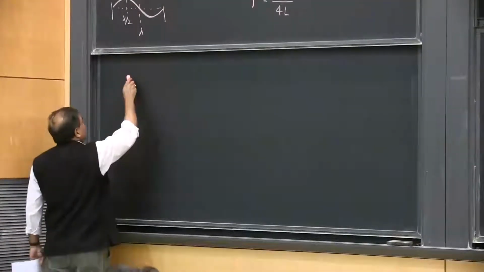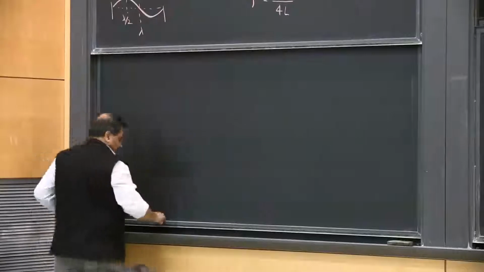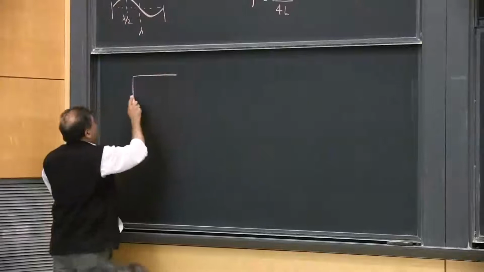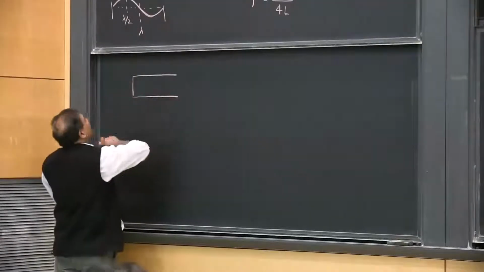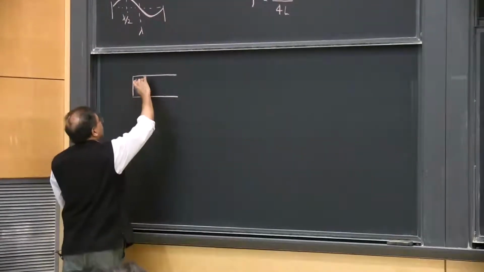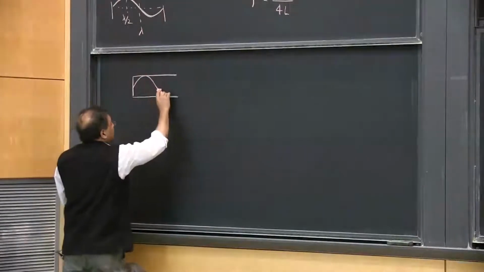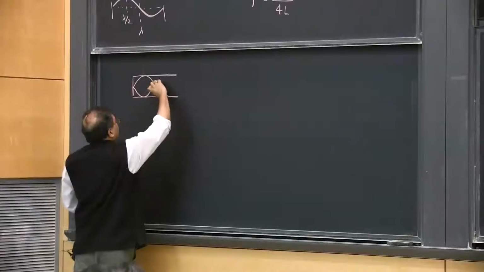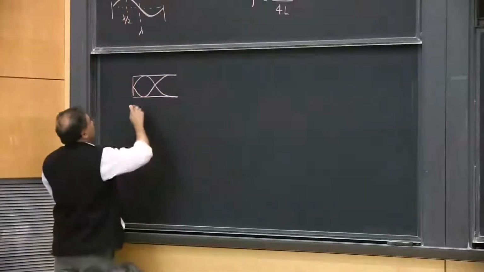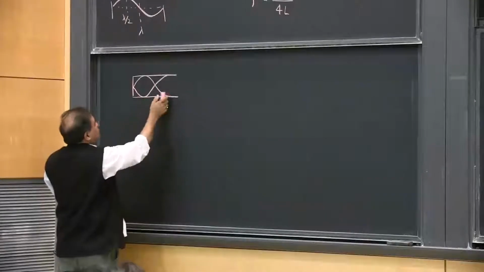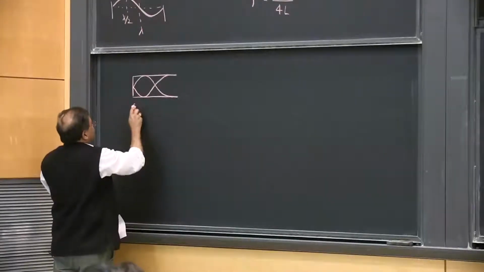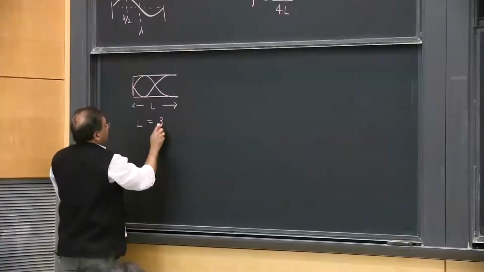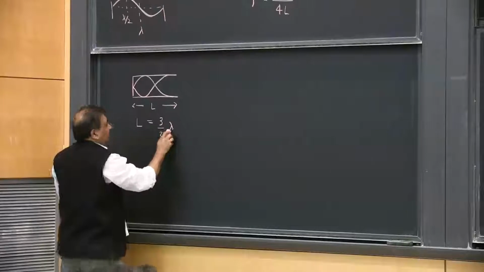This is something we did last time, so I'm just repeating so that you guys feel confident about how to do these. Let's again take a one-end closed situation. And now you can also have a situation like this, right? But that would be a somewhat higher frequency. So this would be lambda over 2, this would be half lambda, so this is L again. So L would be 3 over 2 times lambda.